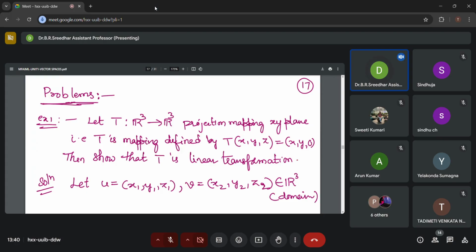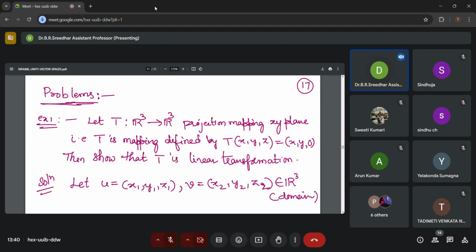Hope you are clear about this. You have studied this at the B level itself: one-to-one mapping, onto mapping, and bijective mapping. Whenever a mapping satisfies both one-to-one and onto, it is called bijective. Isn't it? These are the three mappings.